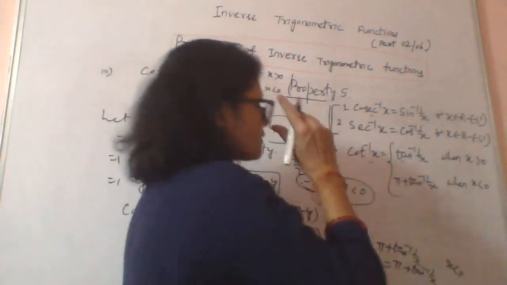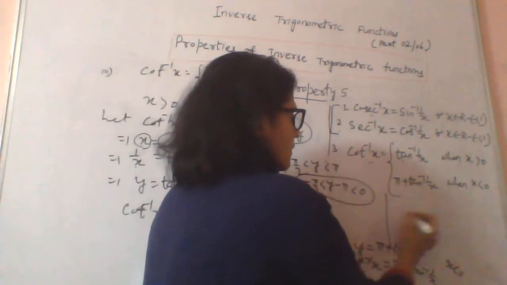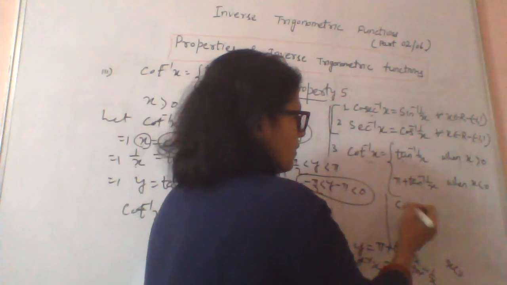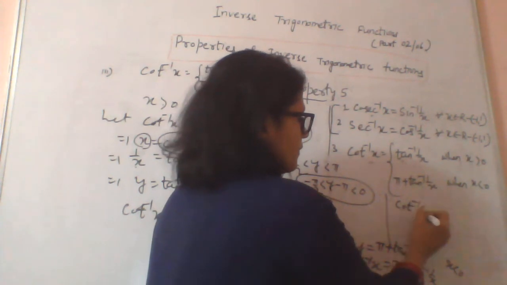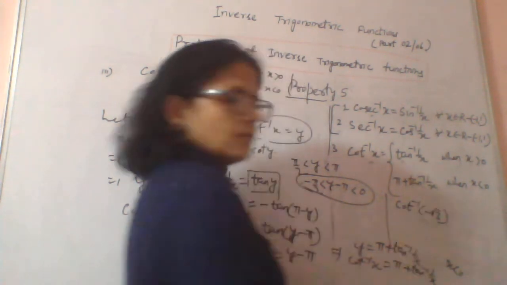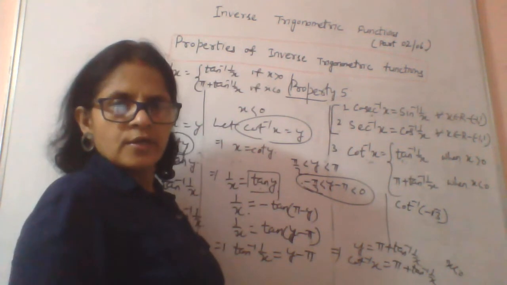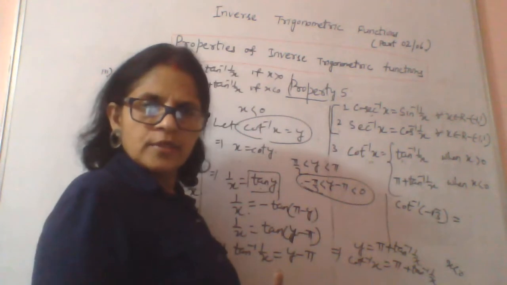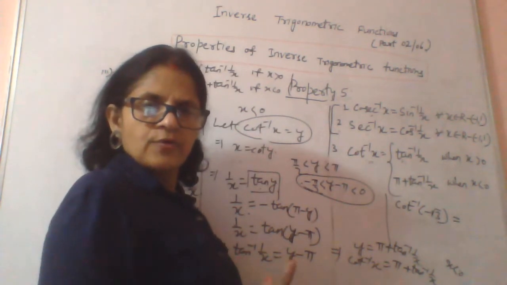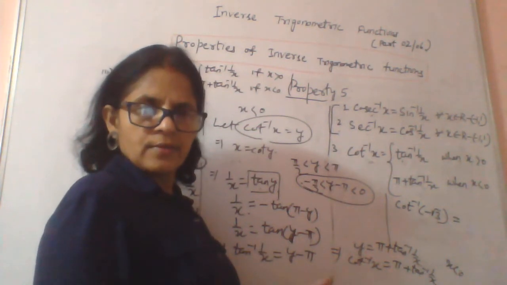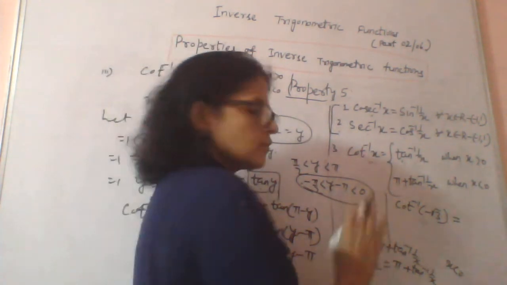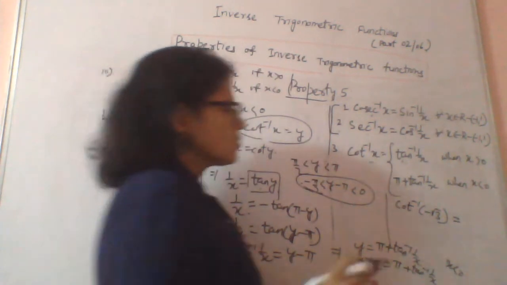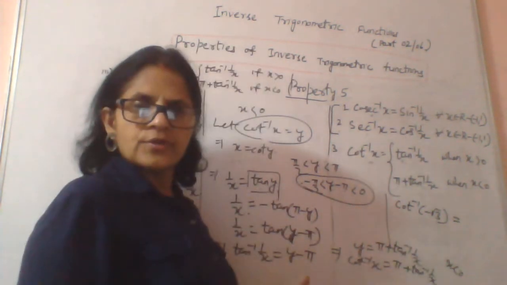For example, if I write cot inverse of minus root 3, and I do not remember which angle has that cot value, I may go through tan.